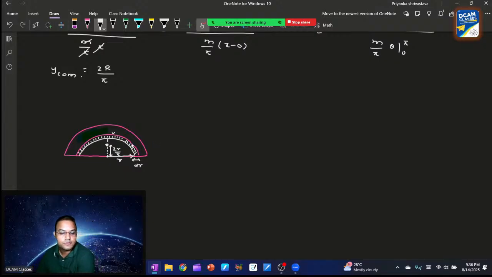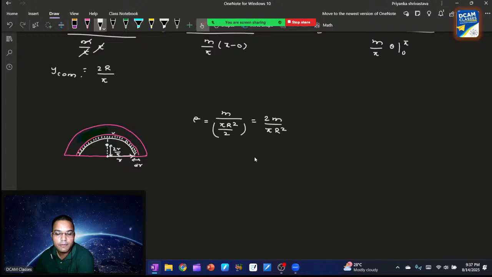So, what is the mass of this? The surface density sigma is M by pi R square by 2, that is 2M by pi R square.